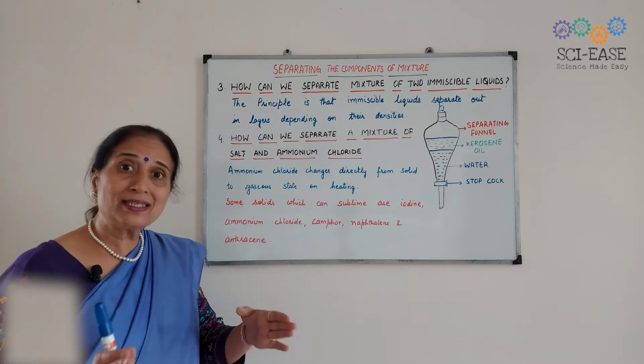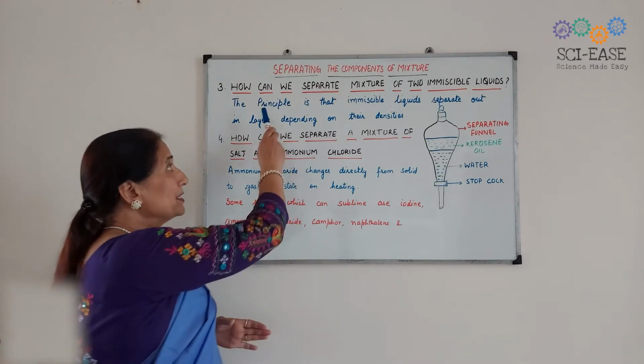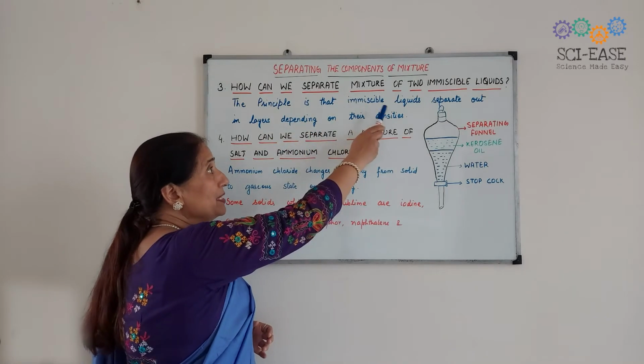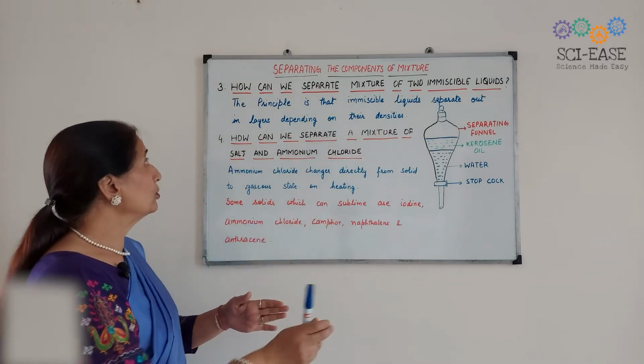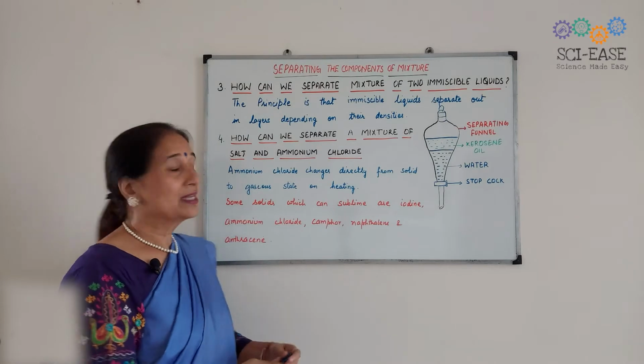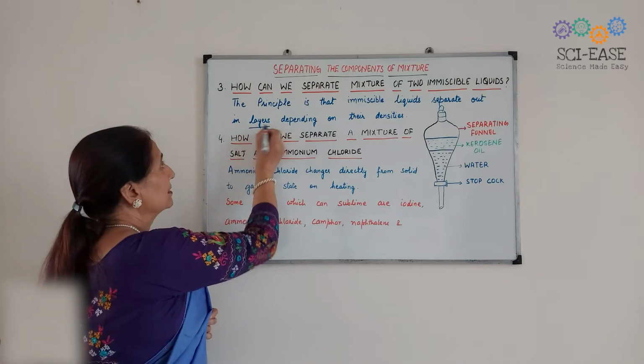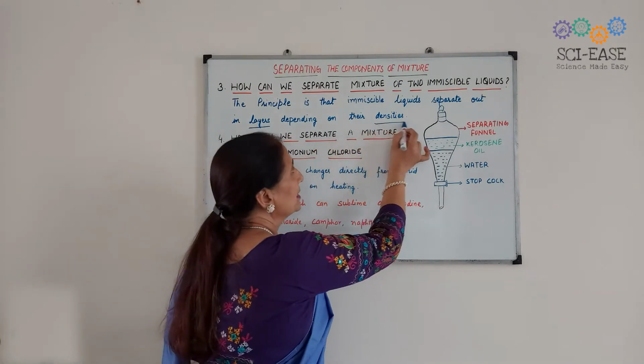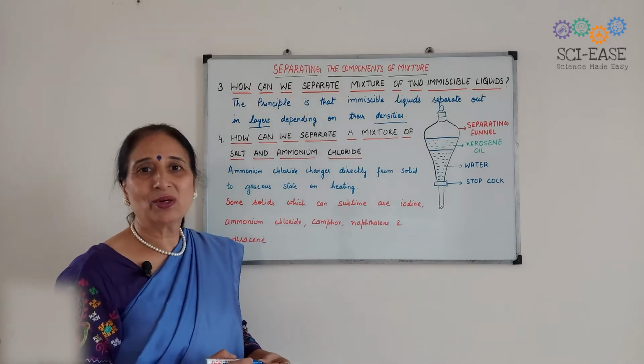What is the principle behind this? The principle is that immiscible liquids separate out in layers. They separate out in layers depending on their densities. Okay?